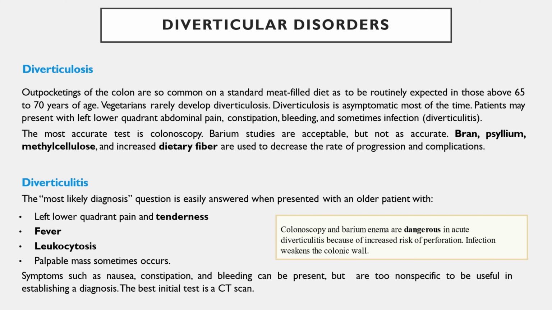Diverticulitis is the most likely diagnosis question when it is presented in an older patient with the following: left lower quadrant pain and tenderness, fevers, leukocytosis, and palpable mass sometimes.